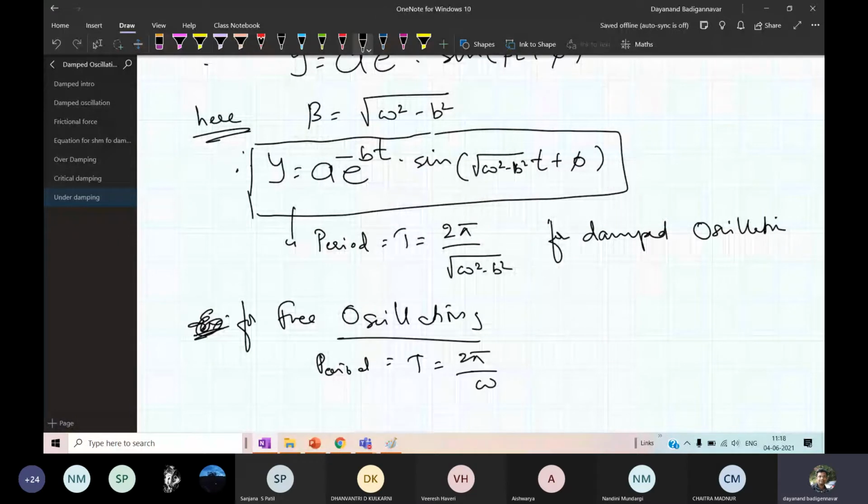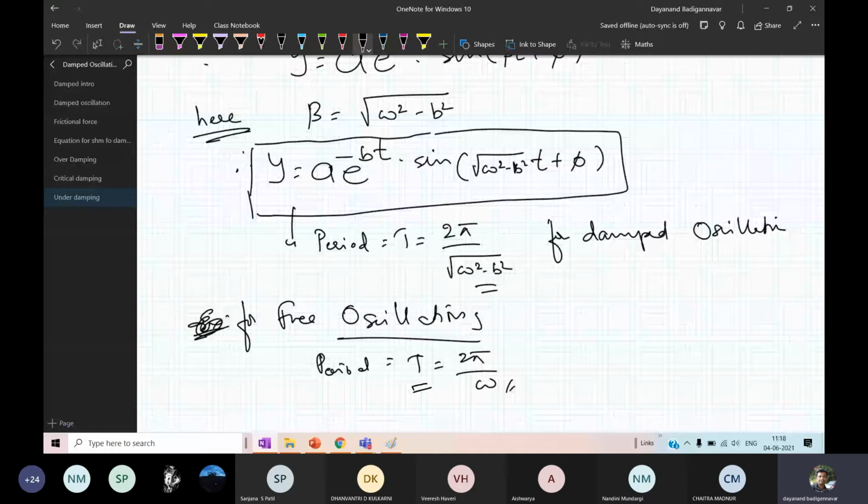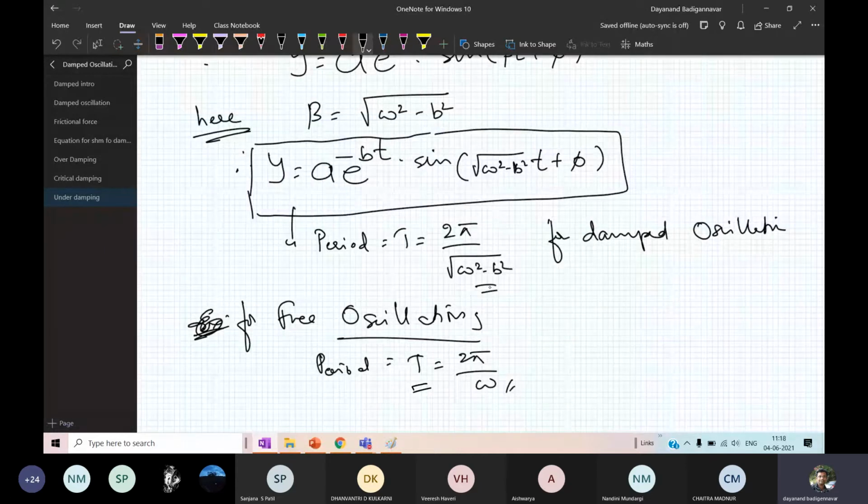Now you tell me which is larger. This T is larger than this T. You're getting the point. This T is larger for the damped oscillation.